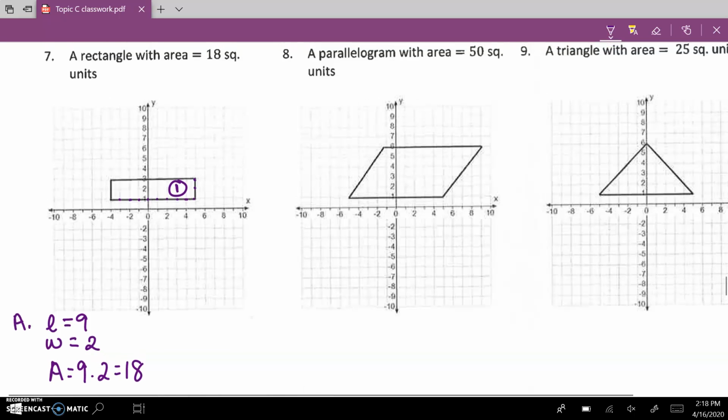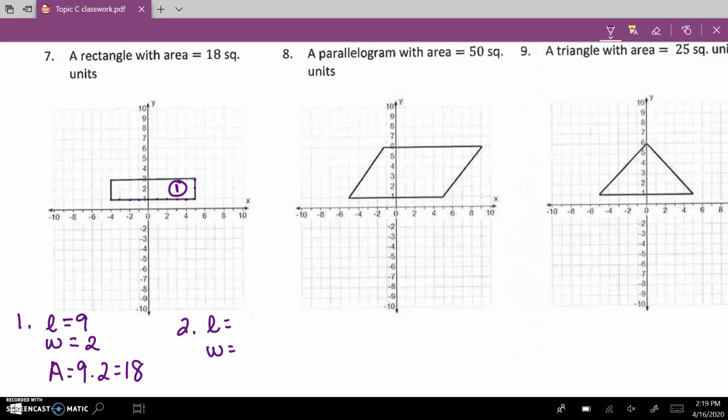Now they say draw a second shape that makes the same area. You have to think about what else multiplies to make 18. I don't know why I called this A; this should be number 1. So number 1, and then my second shape, I need 2 numbers that multiply to make 18. We used 9 and 2.